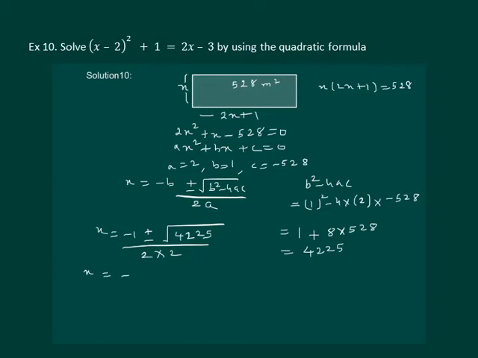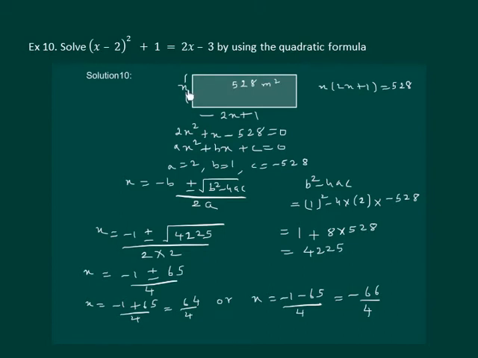So we have minus 1 plus minus 65 by 4, x equal to minus 1 plus 65 by 4, that is 64 by 4, or x equal to minus 1 minus 65 by 4, that is minus 66 by 4.